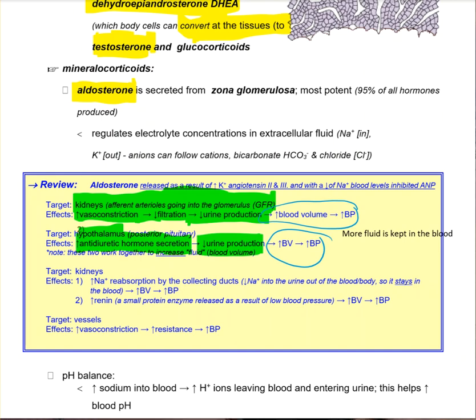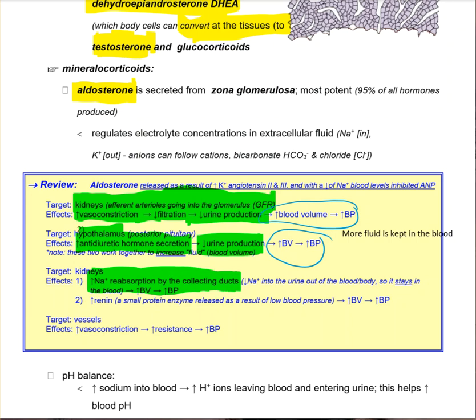Okay, and then also another place that it targeted were the kidneys, and it targeted the collecting ducts and the distal convoluted tubule as well, although that's not listed here. And it would increase absorption of sodium. So if our sodium levels were low, we'd bring sodium back.